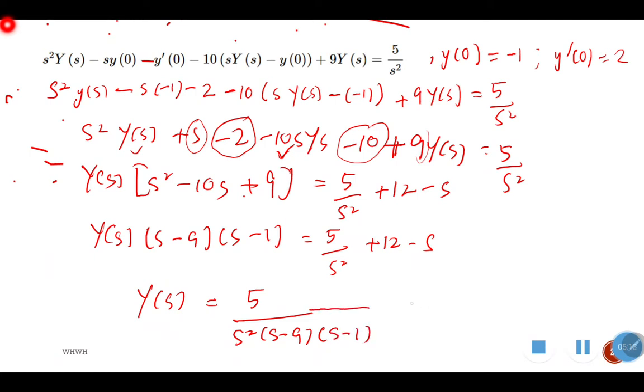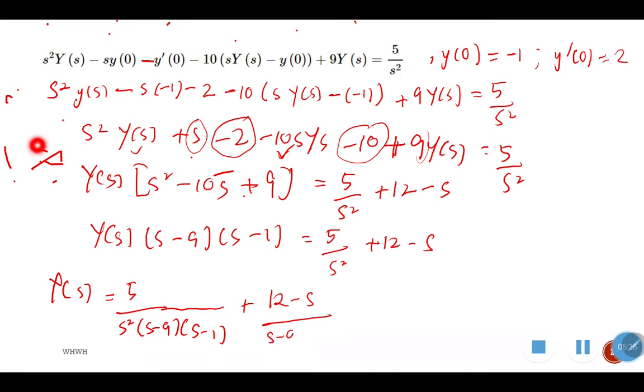I split it into two terms here, plus 12 minus s over s minus 9 times s minus 1. Actually we have gotten the solution for the second order differential equation but in the s domain. So the next step is to find the inverse of this Laplace transform, and finally we will get y(t).